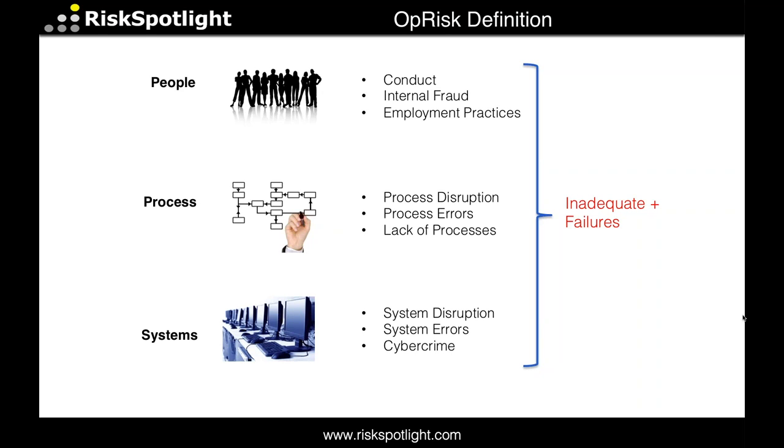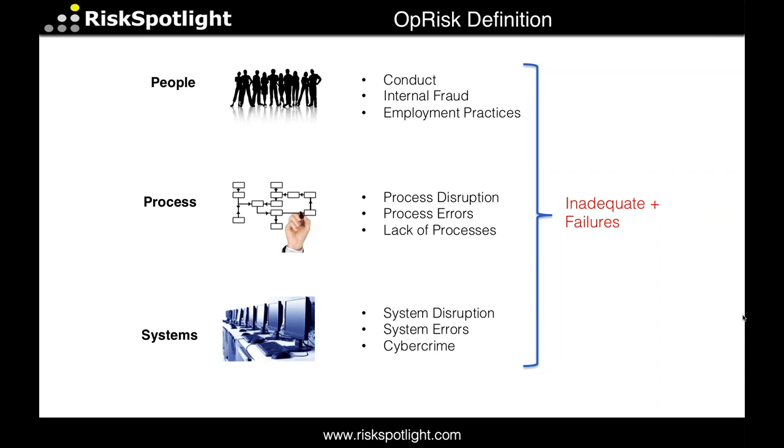And that's what the Basel definition focuses on. From a people perspective, examples could be conduct risk, internal fraud, or employment practices, which cover things like employee discrimination and employee harassment type risks. From a process perspective, there could be disruption to your processes, there could be errors within your processes, or you may not have processes, so a lot of the processes may be just ad hoc rather than structured.